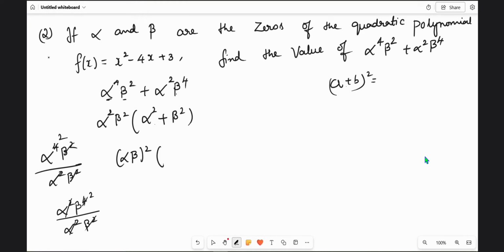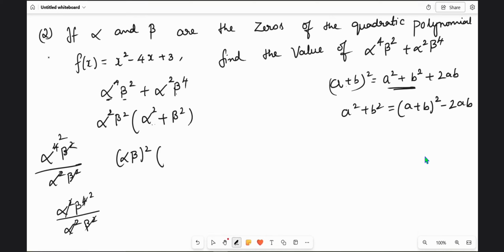Okay, a plus b whole square is what? A square plus b square plus 2ab, correct? So a square plus b square will be what? If I shift 2ab to the other side, you will get a plus b whole square minus 2ab. I can write like this, correct?